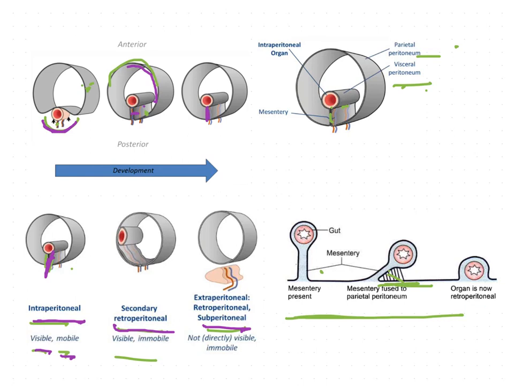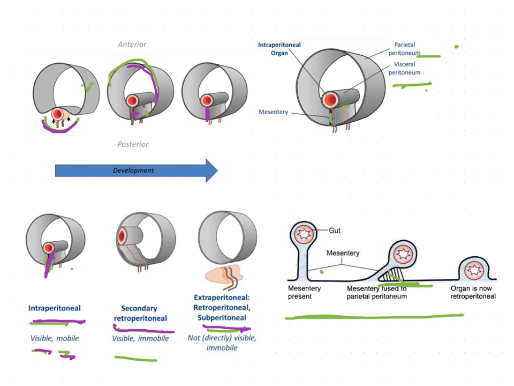Normally these are immobile. The organs that come under mesoperitoneal viscera are the liver, gallbladder, ascending colon, descending colon, middle rectum, and the urinary bladder if it is full.